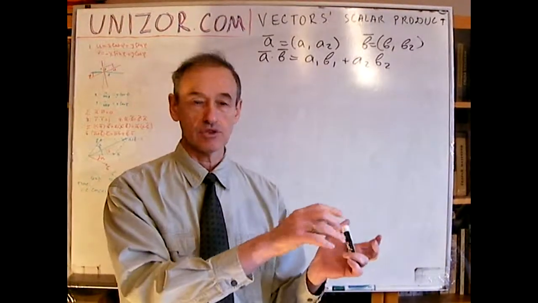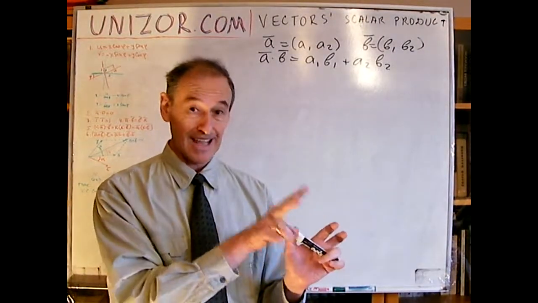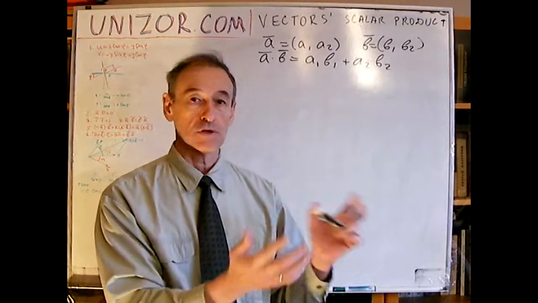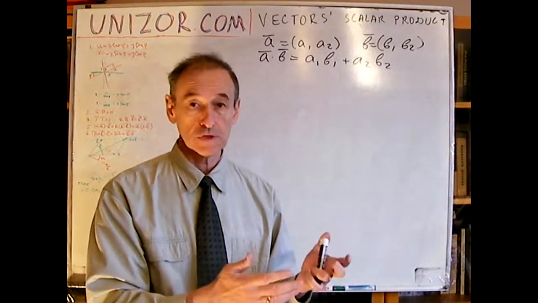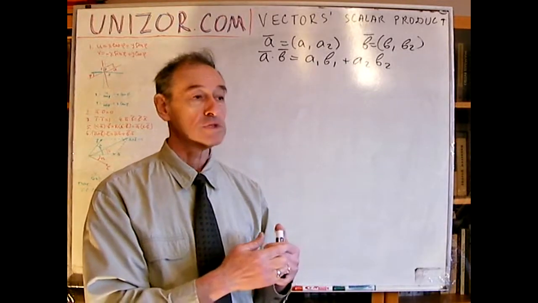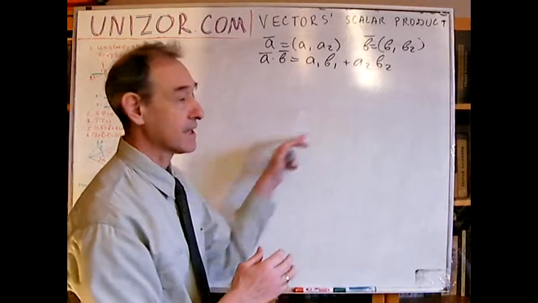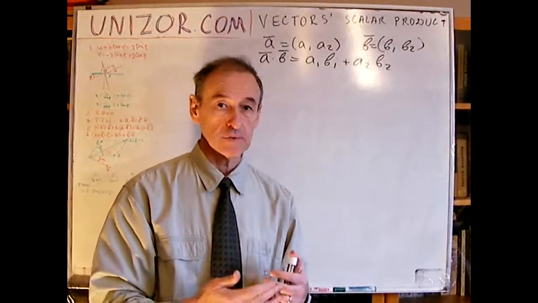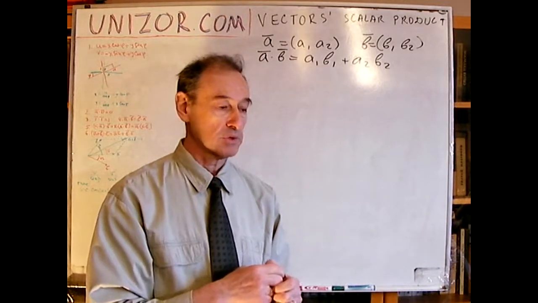So the length is not changing. And the relative position of the vectors, like an angle between these two vectors, is not changed. So basically I'm talking about rotation of the coordinate system. Also the reflection relative to one of the axes is of this type. It does not change the lengths, and it does not change the angle between vectors.